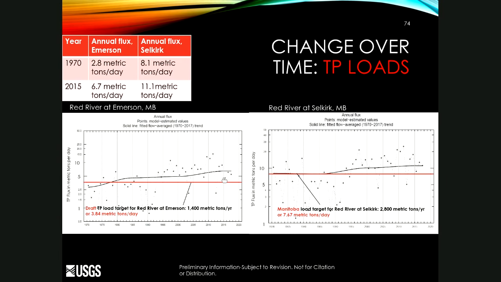And if you look at the table up here, you can see that from the 1970 timeframe, less than 50% of the load at Selkirk was coming from the watershed upstream of Emerson. And then when we got to 2015, more than 50% of the load at Selkirk is coming from Emerson. So that has changed through time.